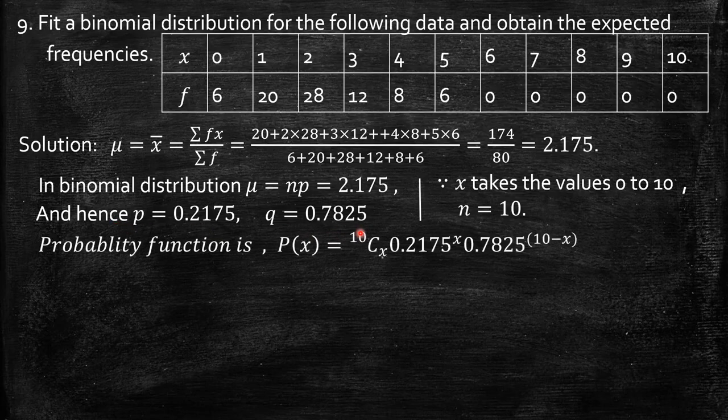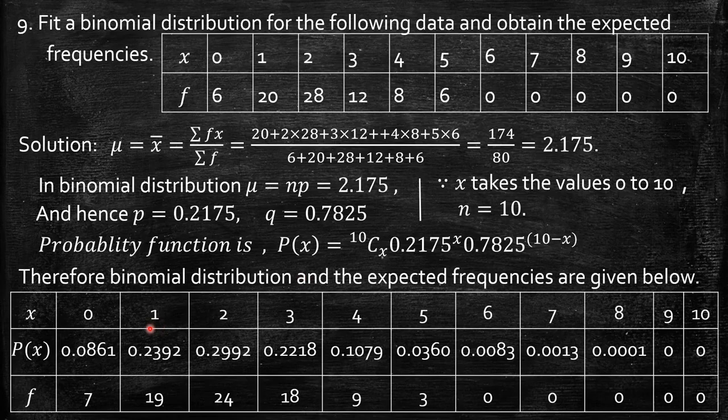With this we have the probability function, P of x equal to ncx p power x q power n minus x. Substitute, that gives 10cx 0.2175 power x 0.7825 power 10 minus x. So I can now find the probability for each x varying from 0 to 10, which helps us find the theoretical frequencies or expected frequencies.